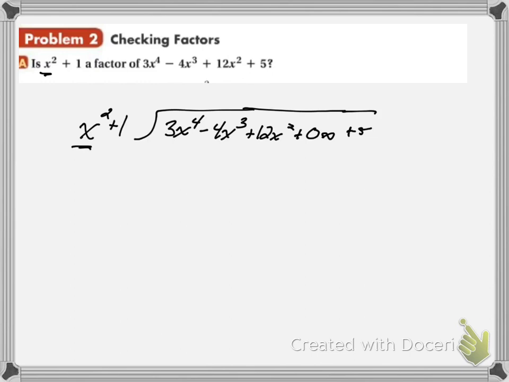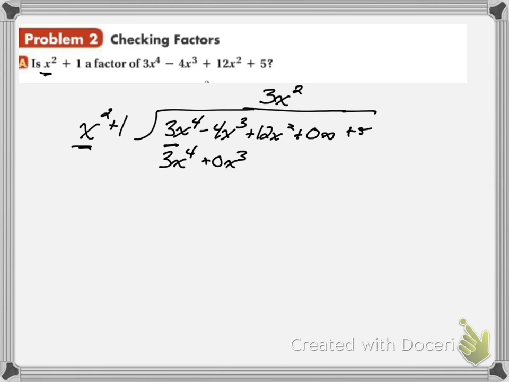So how do I get x squared to be 3x to the 4th? Well, I'm going to multiply by 3x squared. Now line it up with what you have here. So 3x squared times x squared is 3x to the 4th. Perfect. Well, we don't have an x cubed, so we'll say 0x cubed.